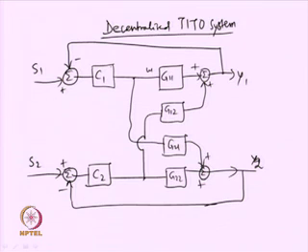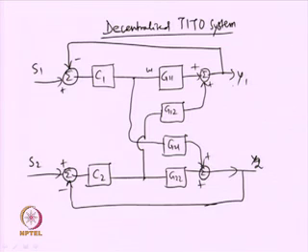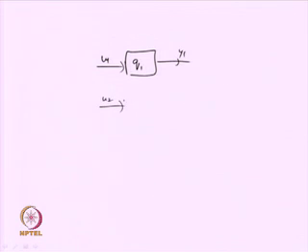Now, in place of the transfer matrix which has 4 elements G11, G12, G21, G22, it is possible to find the transport dynamics between y1 to u1 and y2 to u2, or indirectly speaking this dynamics can be equivalently represented by two subsystems given in the form of u1, Q1, y1 and u2, Q2, y2.